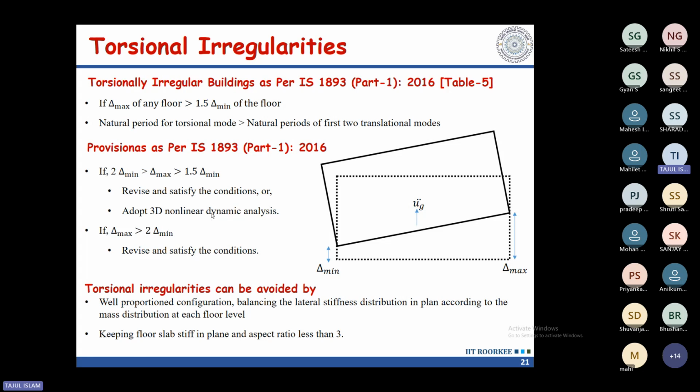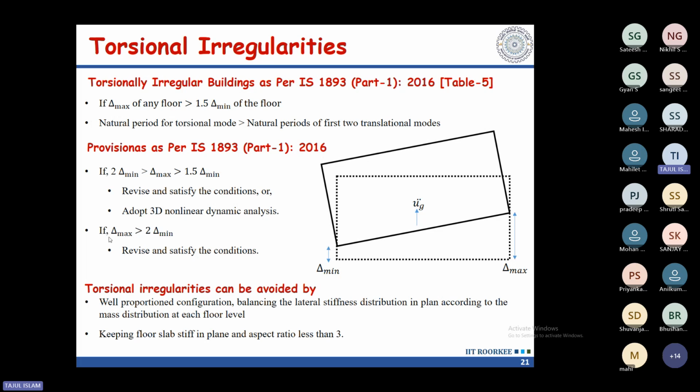It means nonlinear time history analysis. You have to, not the linear time history analysis. Usually when people design the building, sometimes people use the linear time history analysis, but in this condition you have to go for 3D nonlinear time history analysis. Okay, if this is the condition.